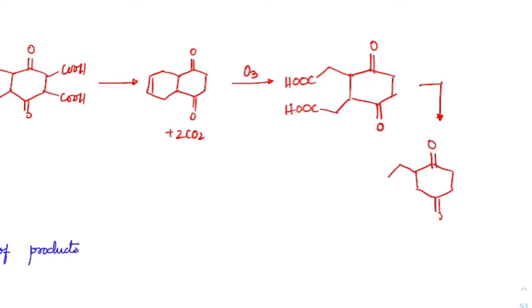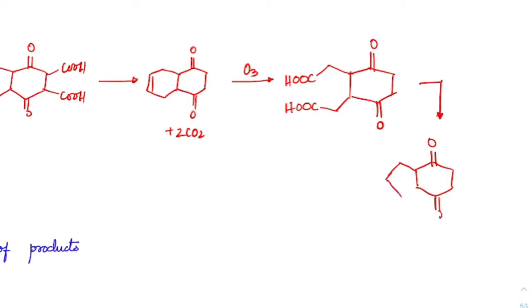So 1, 2, 3, 4, 5, and the other connection would be from this carbon here, right? Because this CO2 will leave and that will get connected. So we will have a 5-membered ring here with double bond O. So decarboxylation will take place here. So this will be the final product.